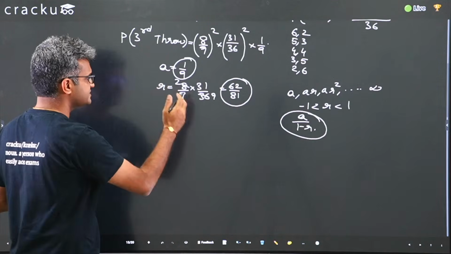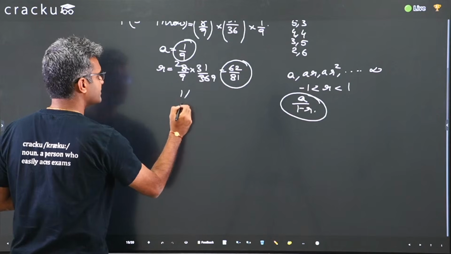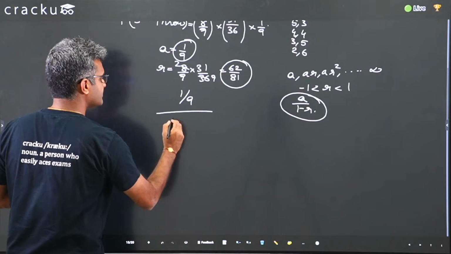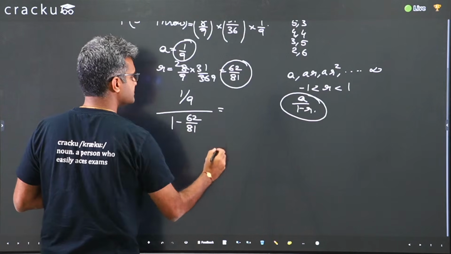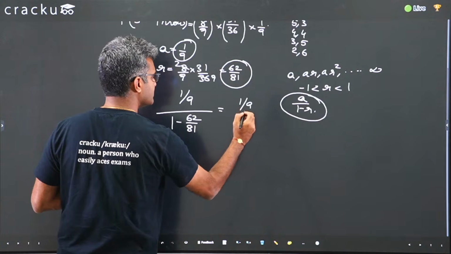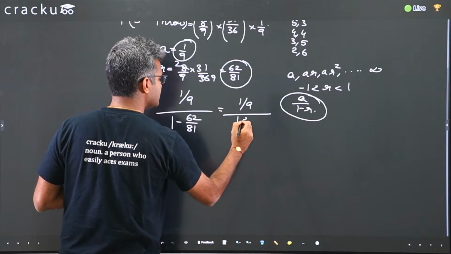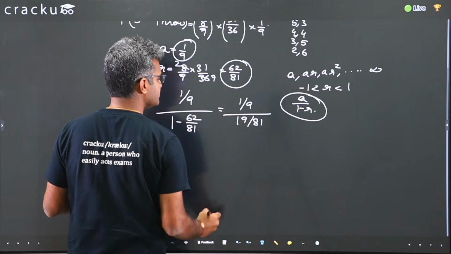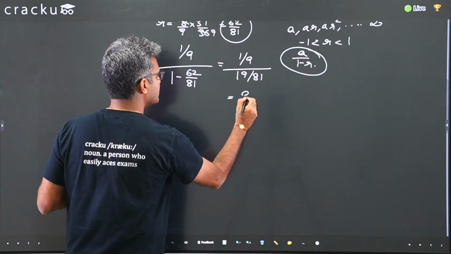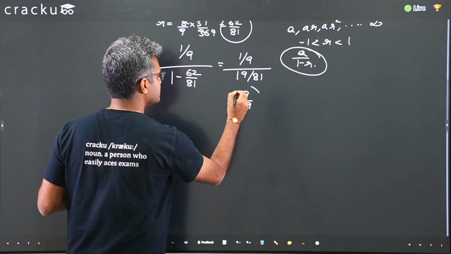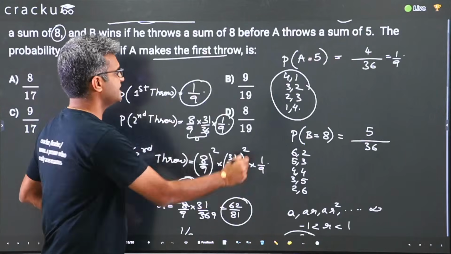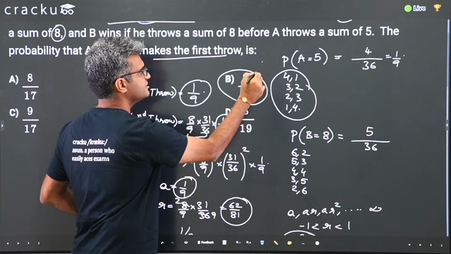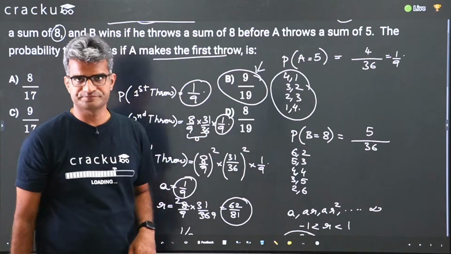So the sum of this infinite geometric progression is 1 by 9 divided by 1 minus 62 by 81, which is equal to 1 by 9 divided by 19 by 81, which is simply equal to 9 divided by 19. So the probability that A wins this game is 9 divided by 19, which is option B.